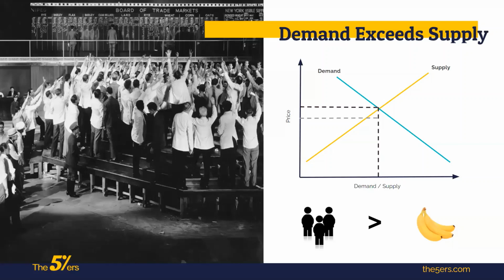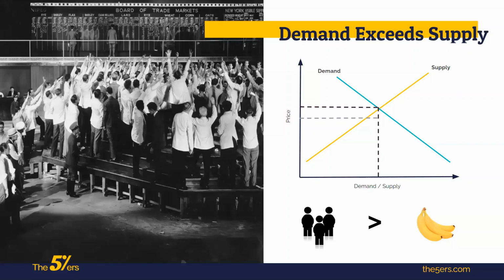Price will go up. It will go up until there is a balance between buyers and sellers, a balance between demand and the commodity, the inventory. This is where price will go.